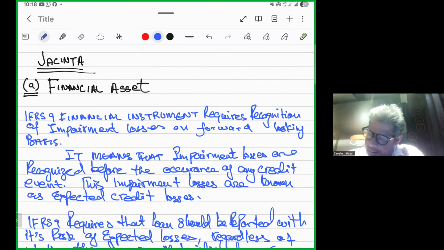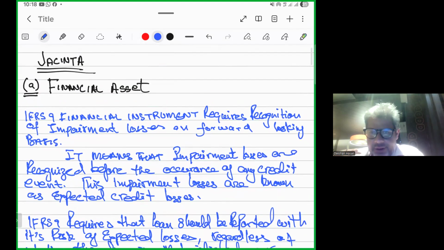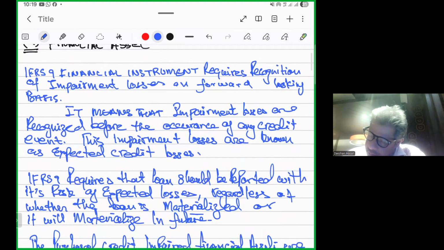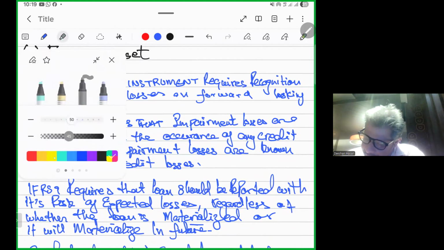In the marking scheme, for this part, that is the initial recognition under IFRS 9, we got 3 marks out of 8. Let me highlight.